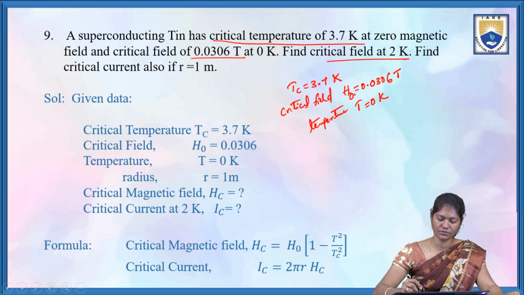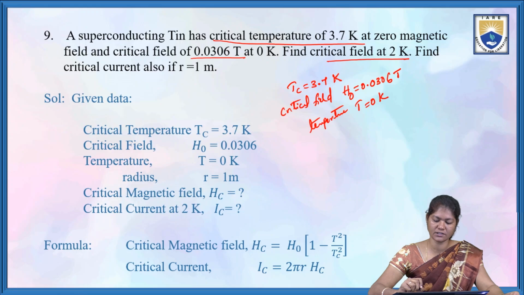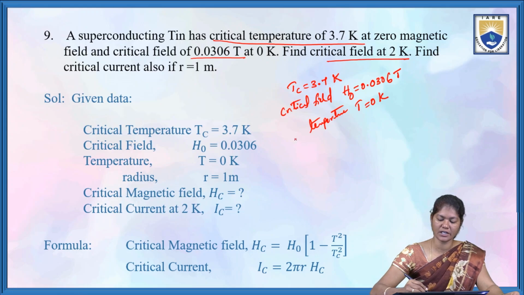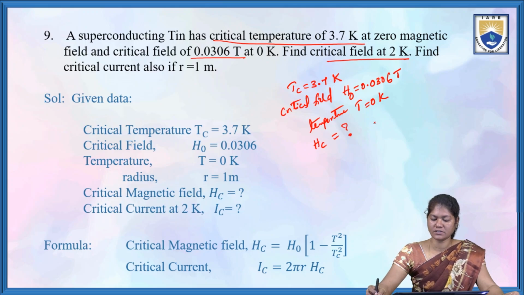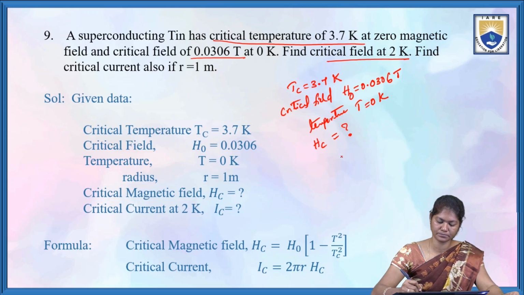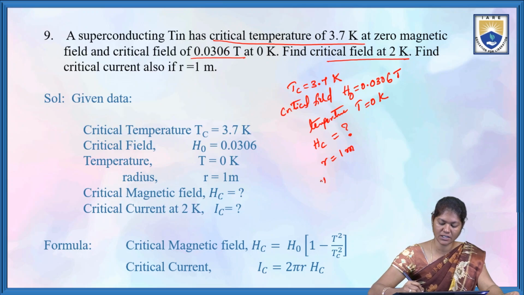We have to find the critical field Hc at 2 degree Kelvin. We also have to find the critical current if the radius R is equal to 1 meter.